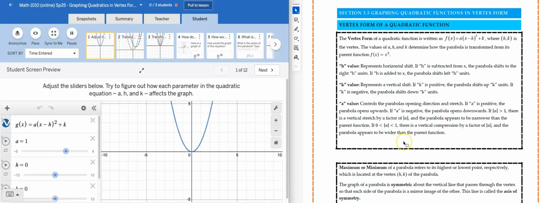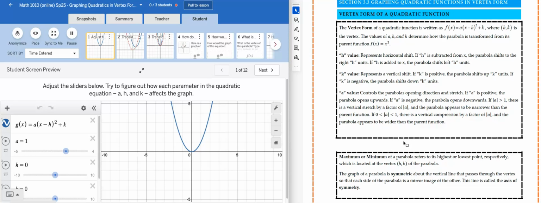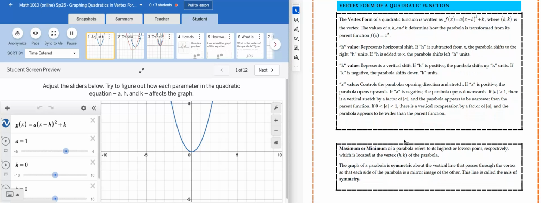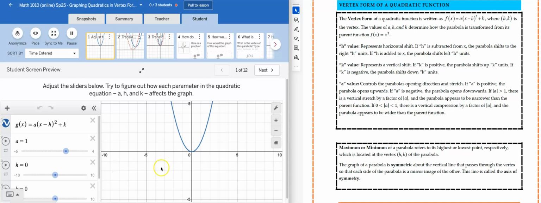In order to figure out a little bit about vertex form, we're actually going to play around a little bit with a graphing calculator so we can see what's happening here.